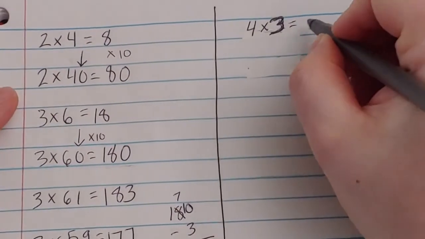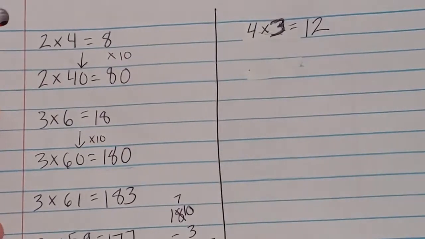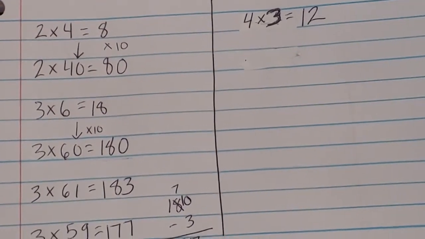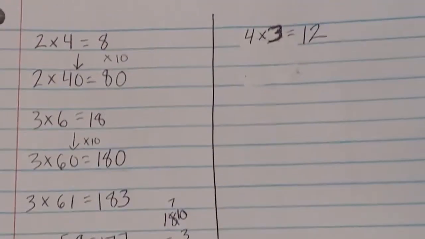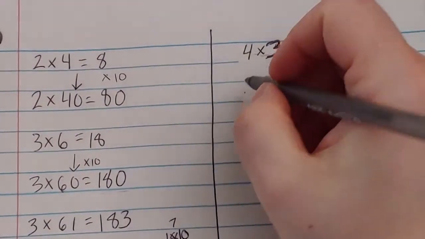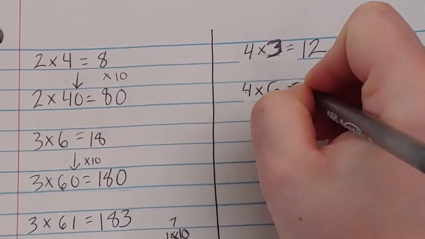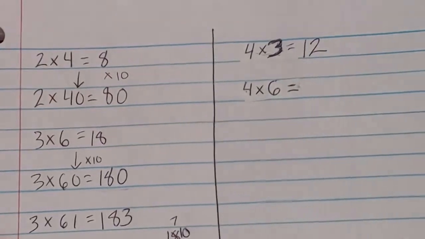Okay, so 4 times 3 is 12. I'm going to grab a couple of colors here while you solve that one.